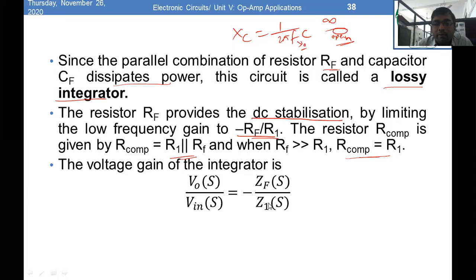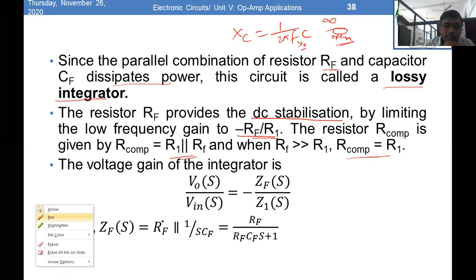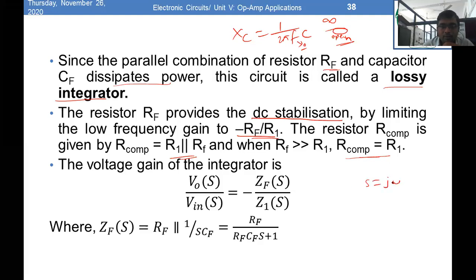What is the value of ZF? It is a parallel combination of RF and CF, so RF parallel 1 upon S CF. S means j omega, which you are all aware of for the Laplace transform. You would find the final relationship RF upon RF CF S plus 1 for this parallel combination.